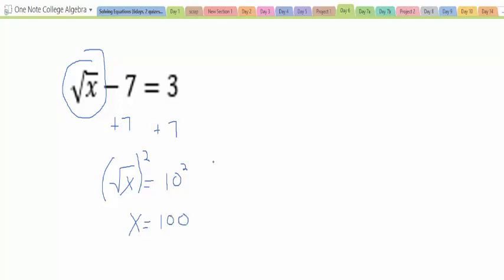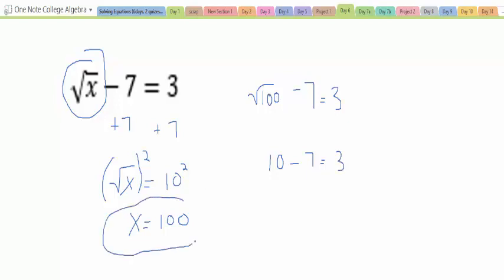Okay, so let's see if this works. Make sure you always check it. So the question is, does the square root of 100 minus 7 equal 3? Square root of 100 is 10, and 10 minus 7 does equal 3, and so 100 is our solution for x.